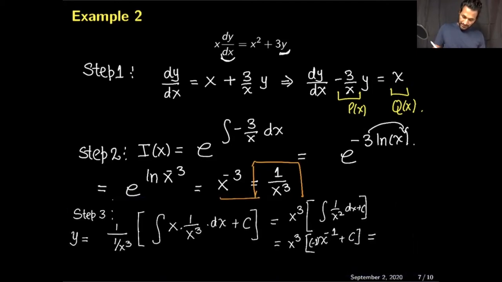Therefore, if I simplify this one, this is going to be minus x squared plus cx cubed. So this is my solution. Therefore y is equal to minus x squared plus cx cubed.